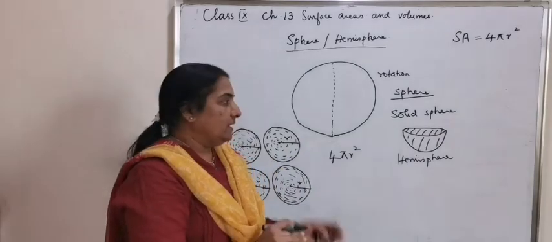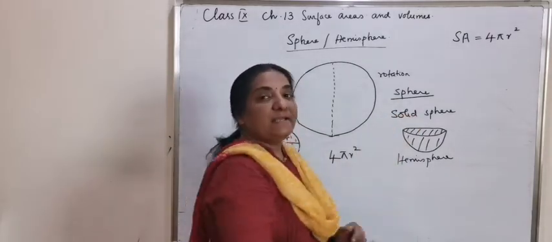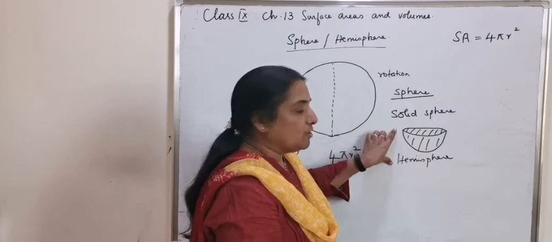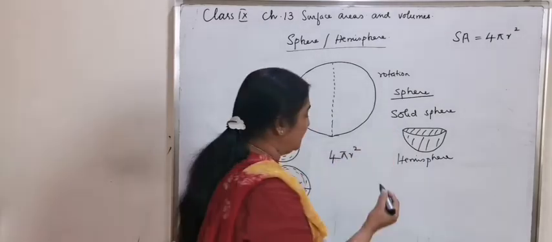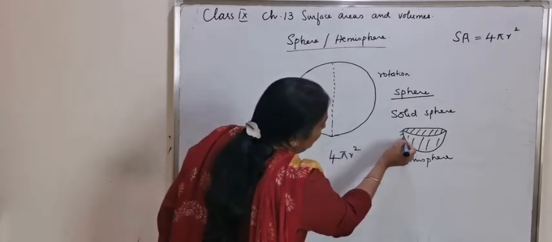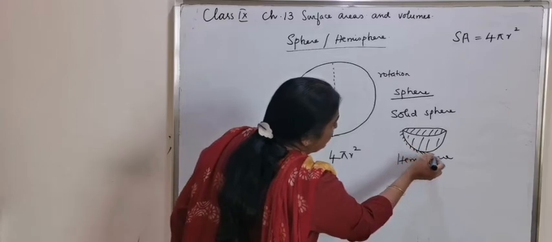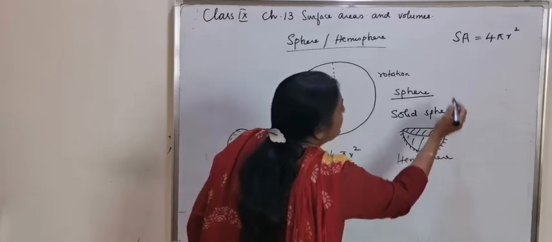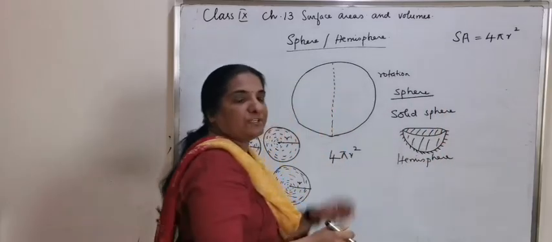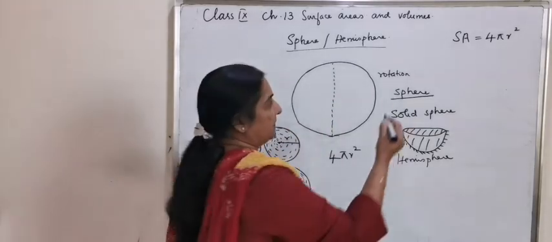And now you take a solid hemisphere. If you consider a solid hemisphere, you can see a lateral surface here which is half of the surface area of the sphere.